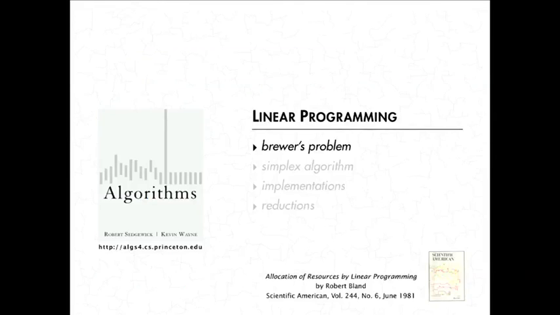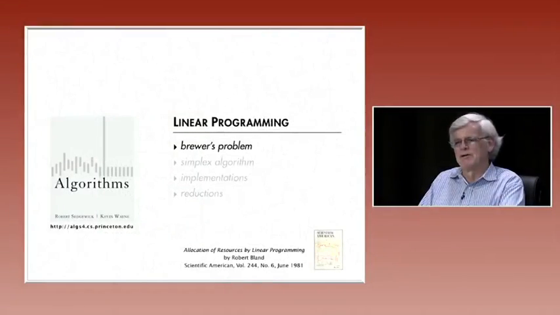So let's take a look at a little more detail of a full application, and we're going to do it based on a classic paper in Scientific American in 1980 that certainly, I don't know if it was intended, but certainly does appeal to college students, because it's all about using linear programming to decide how to best make beer and ale.